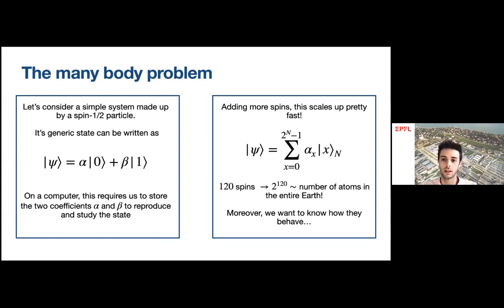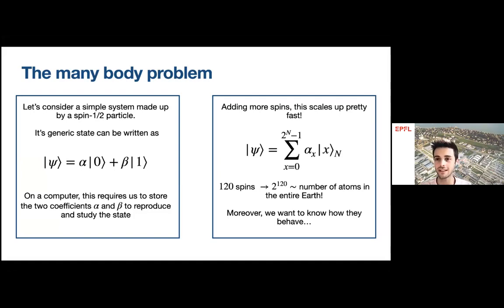So a generic state is represented by a linear combination of these different strings, and all these strings are weighted with some complex coefficient, alpha x. And as an example, if I have 120 spins, this number of coefficients will be 2 to the 120.